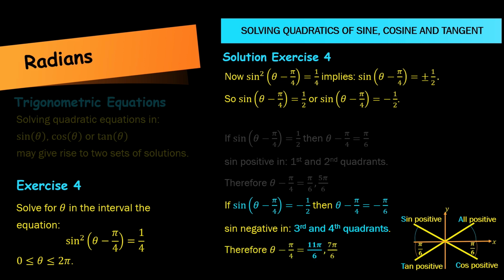Therefore, theta minus pi by 4 equals either 11 pi by 6, here, of course, we've subtracted pi by 6 from 2 pi, or 7 pi by 6, which is pi plus pi by 6.